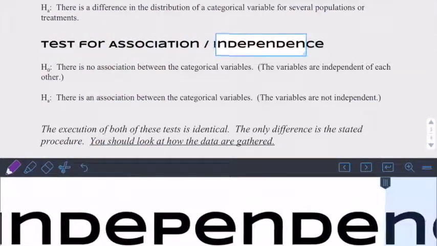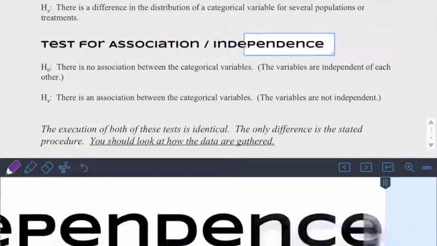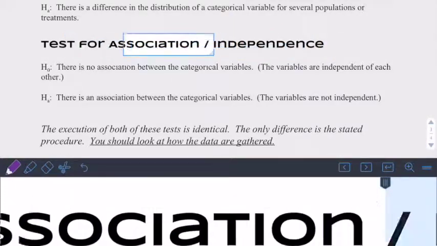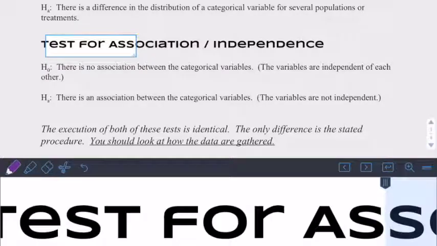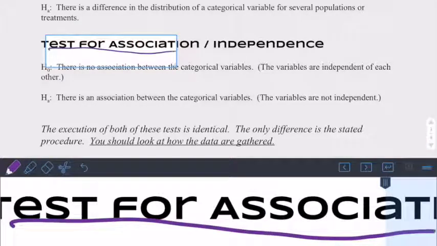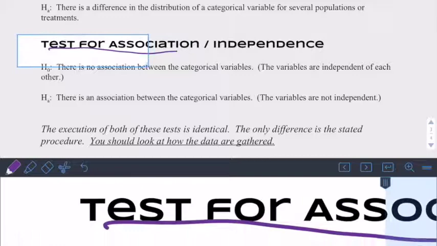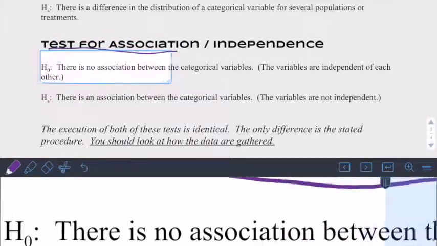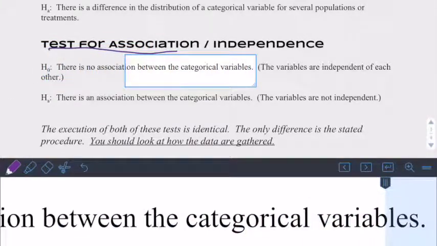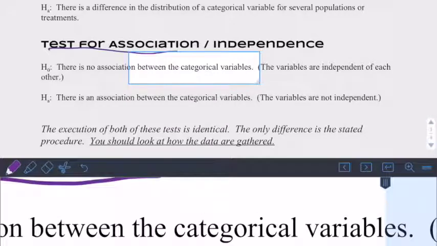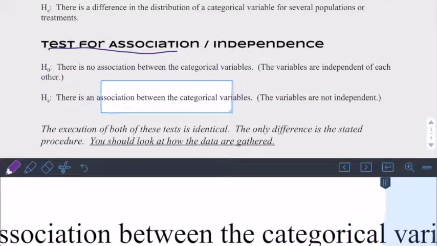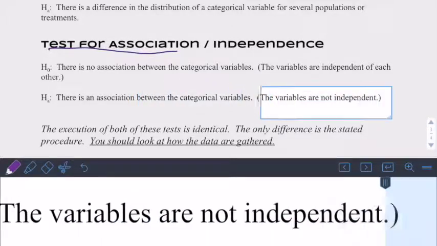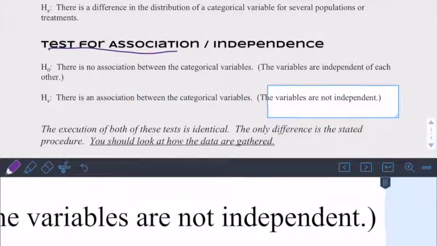Association and independence is a different test. Sometimes it's called independence. It's typically called a test for association, so this is what we'll be calling it in class. But I want you to know that independence is another name for this test. There is no association between the categorical variables, aka the variables are independent, or there is an association between the categorical variables, so they're not independent.